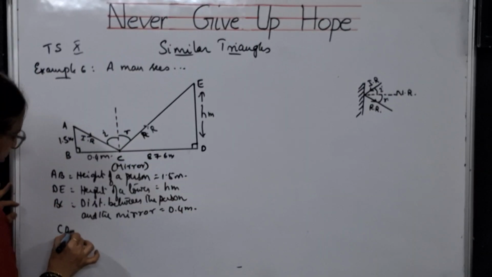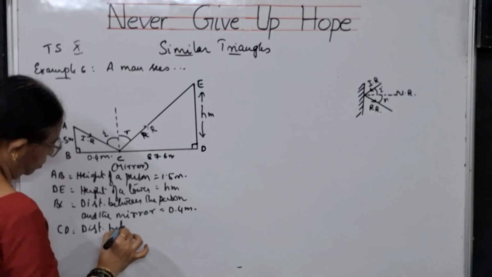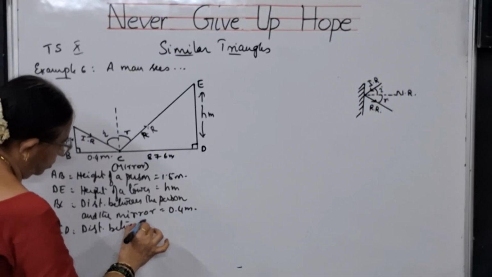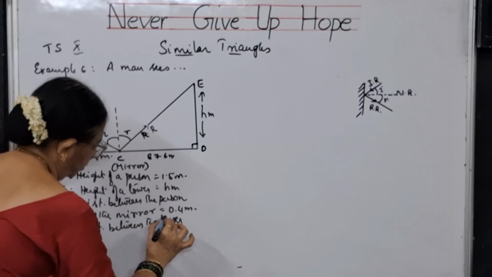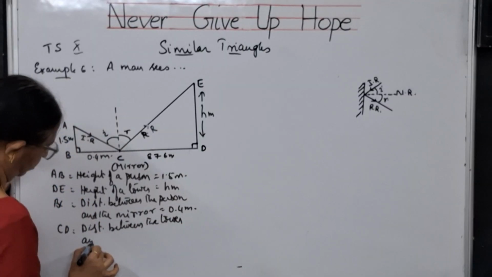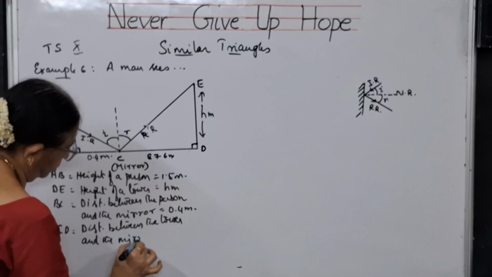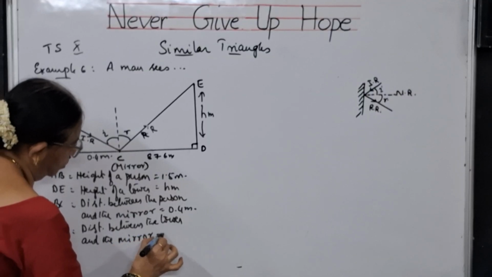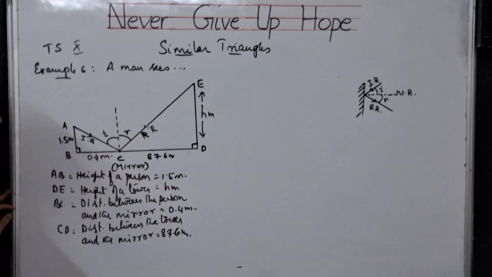And CD is the distance between the tower and the mirror, that is equal to 87.6 meters. So this you have got.